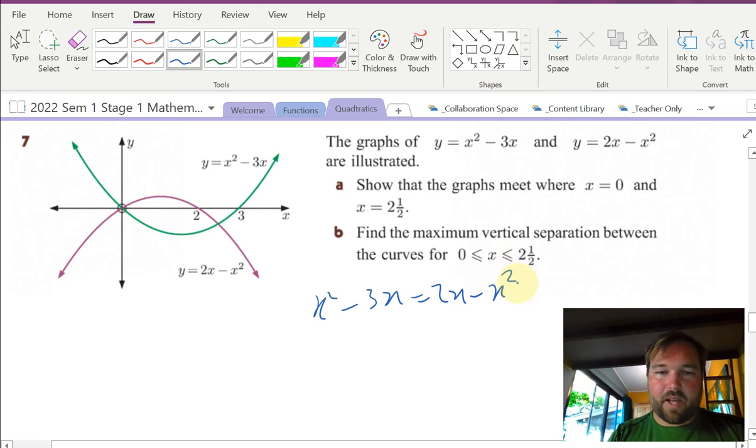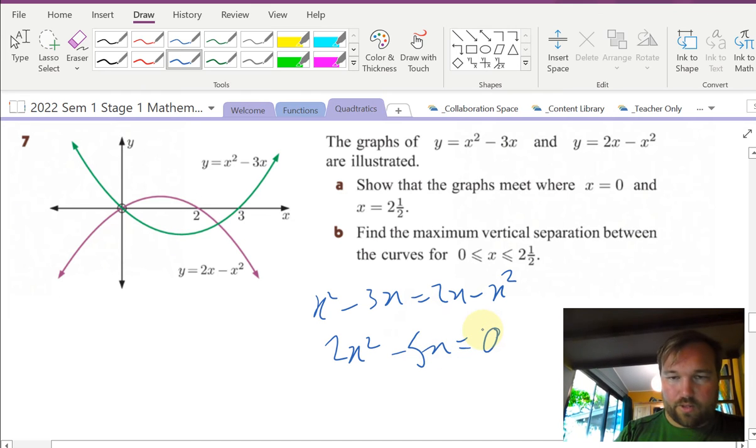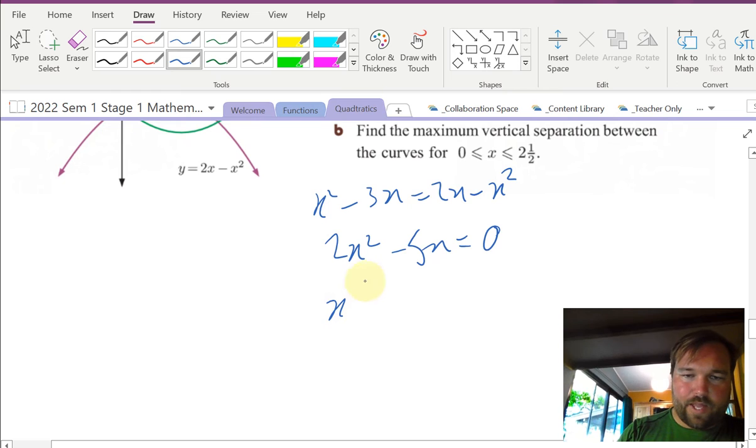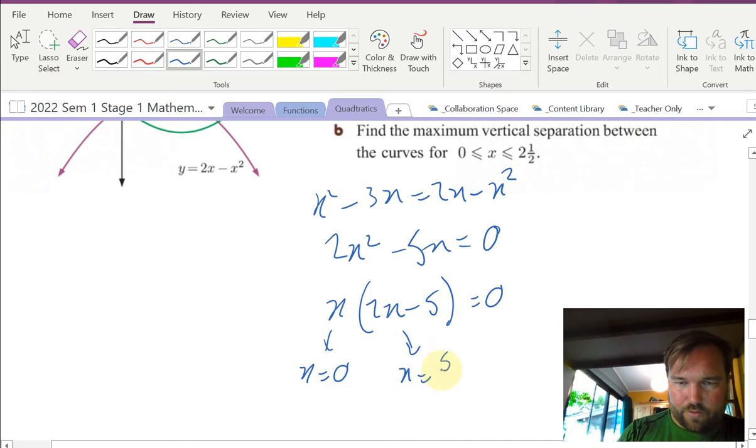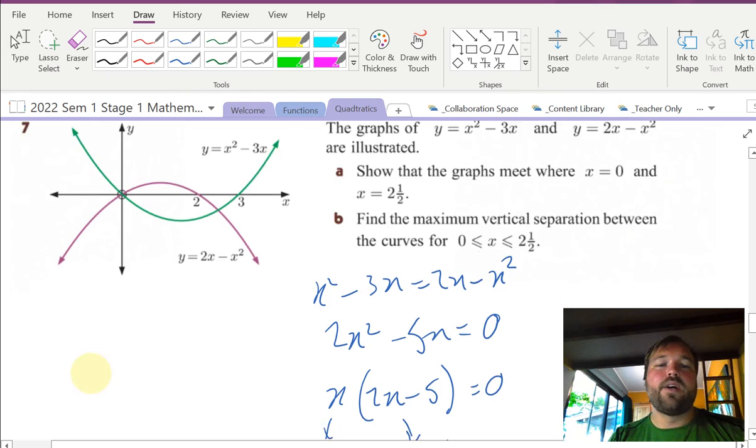Add x squared to both sides, 2x squared, and let's take 2x from both sides, minus 5x equals 0. So just move the right hand side over. Then let's factorize. X bracket 2x take 5 equals 0. Therefore our solutions are x equals 0 and x equals 5 on 2 as shown.